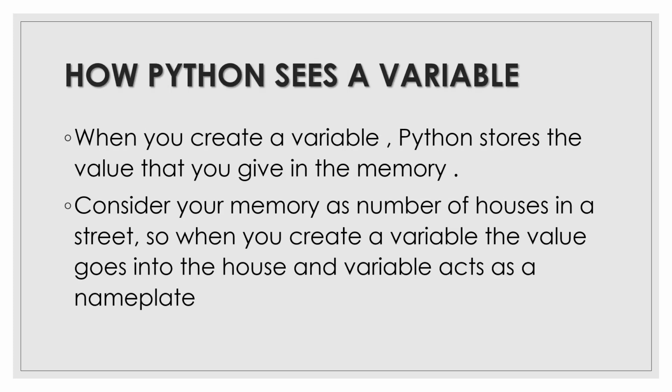Now how Python sees a variable. This is a really important thing and you need to understand, so please pay attention. When you create a variable, Python actually gives it a name. Let's consider our memory where the value of the variable is going to be stored, and consider it as a number of houses in a row.